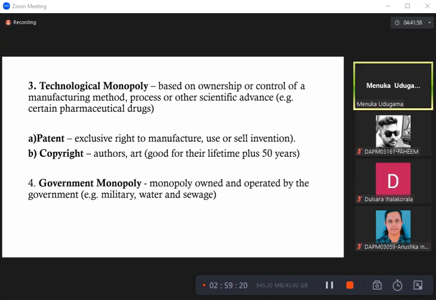Therefore, that's a patent, a technological monopoly. Copyrights: we know artwork, literary work, and software have copyrights. So it stops others from manufacturing the same good or service, and you become a technological monopoly because of these reasons.